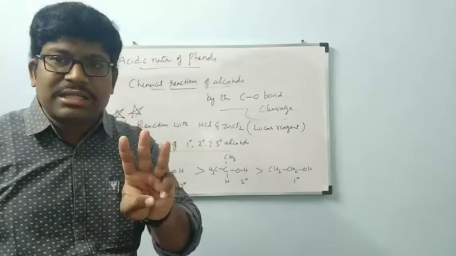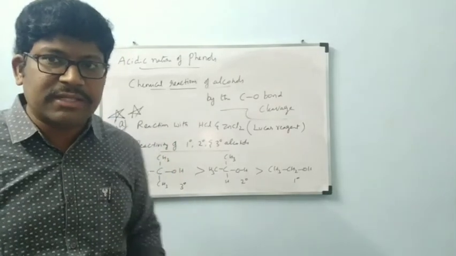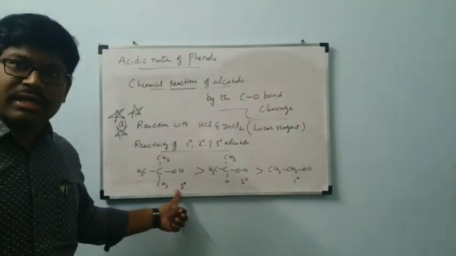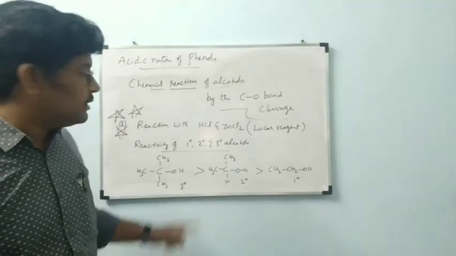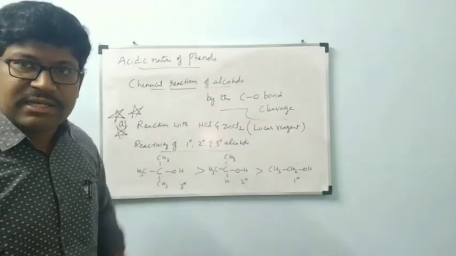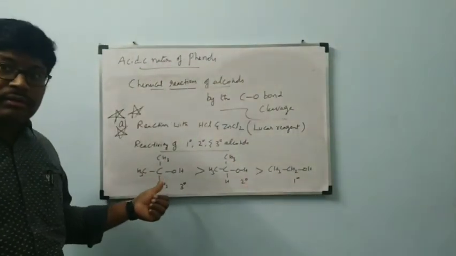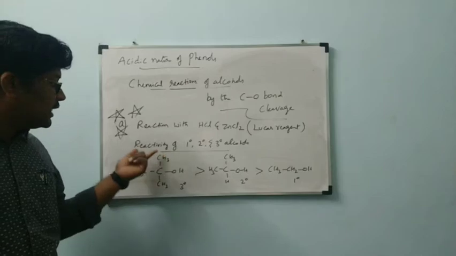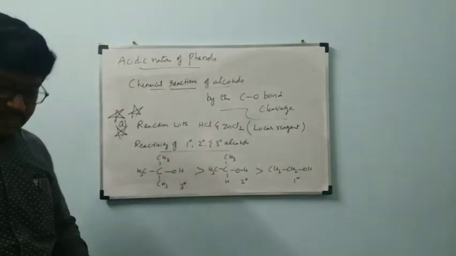So tertiary alcohol will undergo reaction easily by CO bond cleavage. Depending on this point, I will explain the Lucas reagent reaction. Note down this order, all of you. I hope you understood.